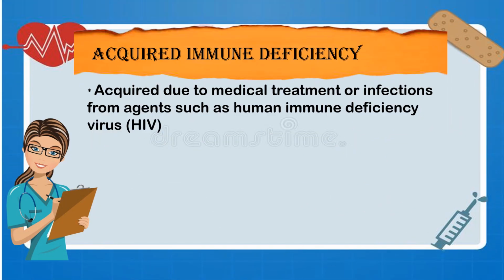So let's talk about AIDS, or acquired immune deficiency syndrome. AIDS can be acquired due to medical treatment or infections from agents such as the human immunodeficiency virus, known as HIV.